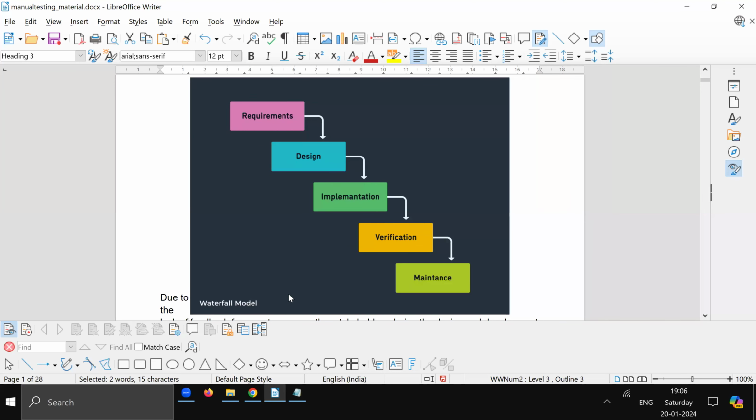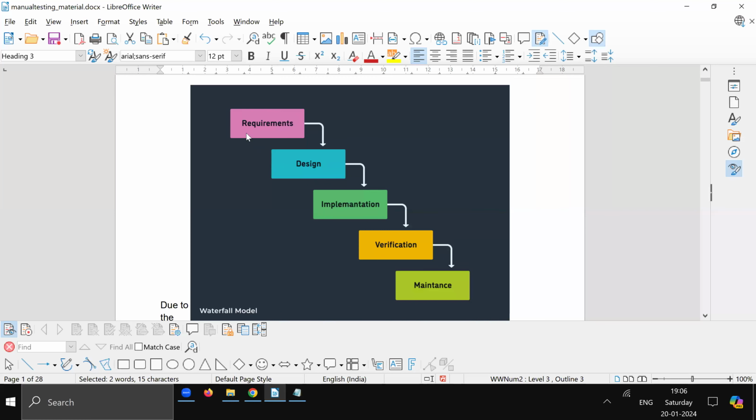It always flows from top to bottom, right? Or from a highly elevated position to a low elevation, right? In a similar manner, people used to first gather all the requirements, and until all requirements were studied and thoroughly understood, they never used to begin design.